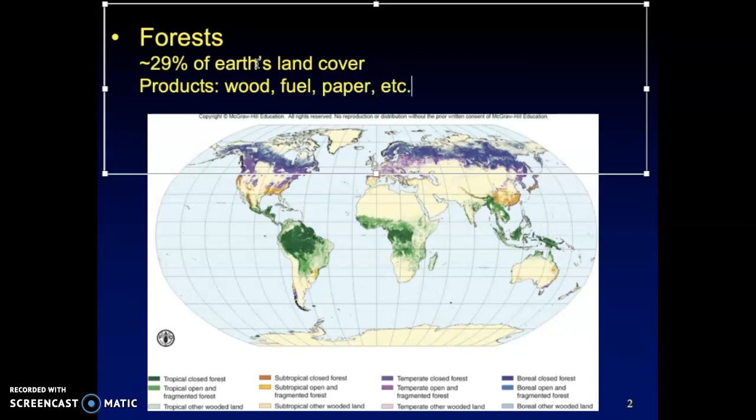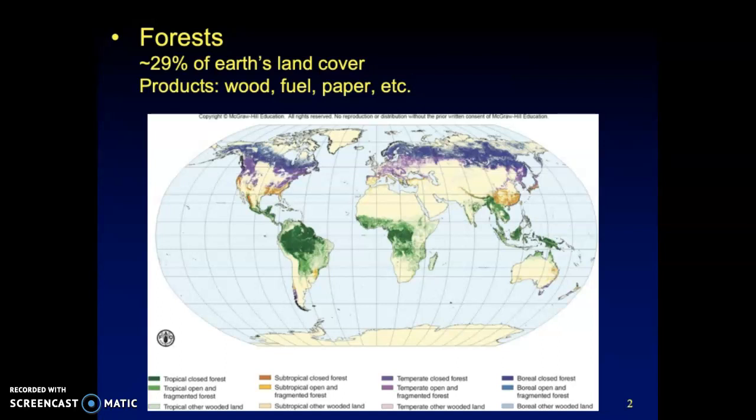I'm just going to say etc. So there's a lot of valuable products that come out of the forests of this planet. And what we have to figure out is how do we manage these forests and use them wisely in a sustainable fashion so we don't overuse these resources.